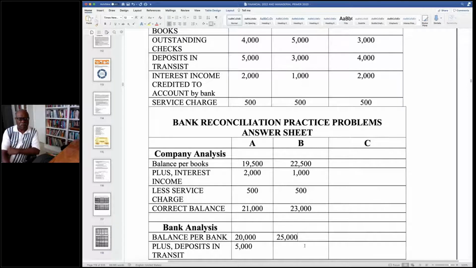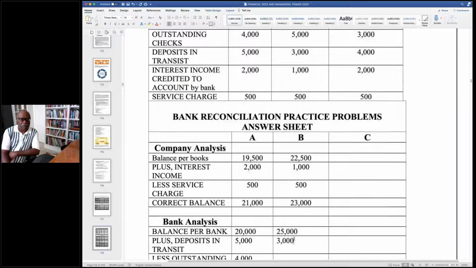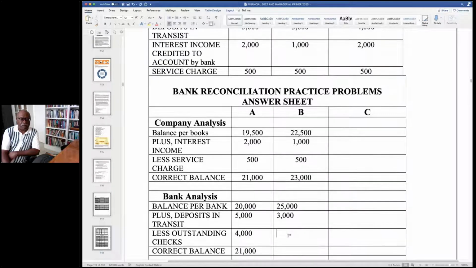Add 3,000 for the deposits in transit. And what else? Subtract the outstanding checks. We come back to that same 23,000. Got it?